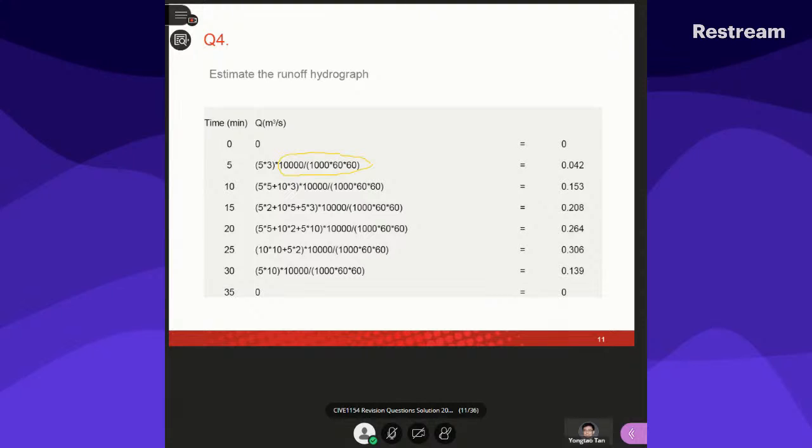And also we need to change it to seconds, meters per second, because the intensity is millimeters over 1 hour. So here we change millimeters per hour to meters per second. I just repeat that this part is used to convert the units. Is that clear?